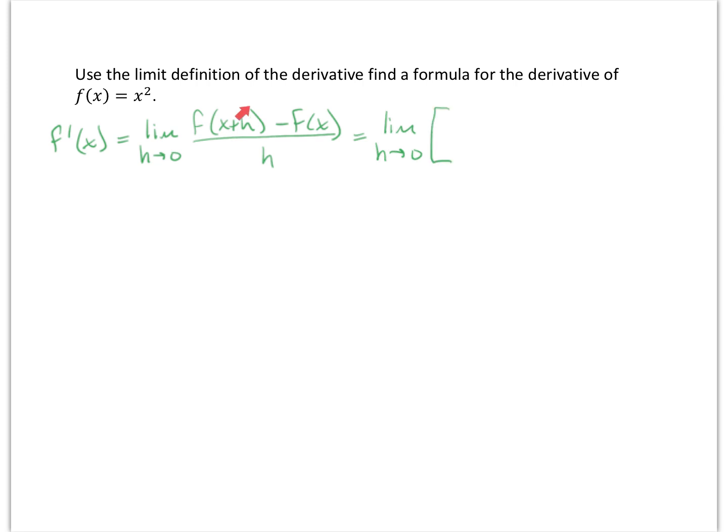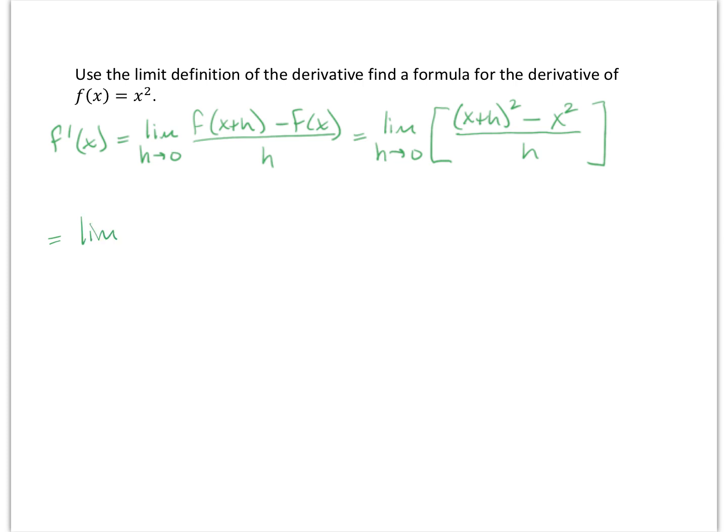Okay, and then I'm going to just use function notation to plug stuff in. So f of x plus h means look at your f of x formula, replace all your x's with x plus h's. So this is going to be x plus h squared, minus f of x, which is just the formula x squared, all over h.